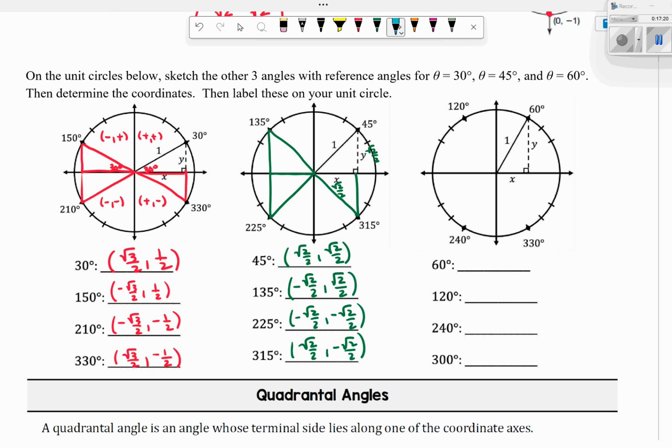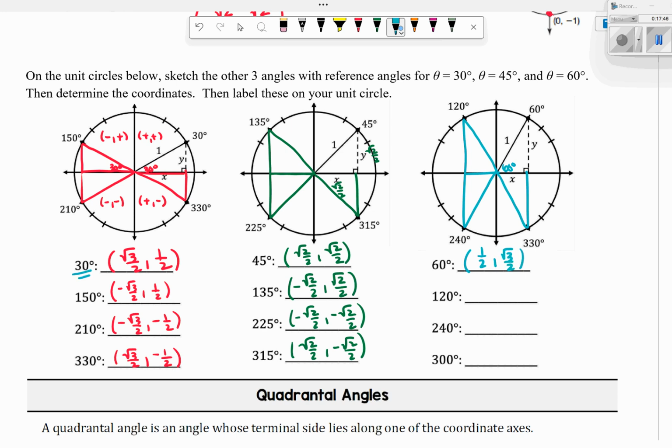So the last one is using 60 degrees as this angle. So then that would be these triangles here. So then that means 120, 240, and 330. So those are all going to use that same point, but just changing the coordinates to be either positive or negative. So if it's 60 degrees, remember, then that means the x-coordinate now is 1/2, comma root 3 over 2.